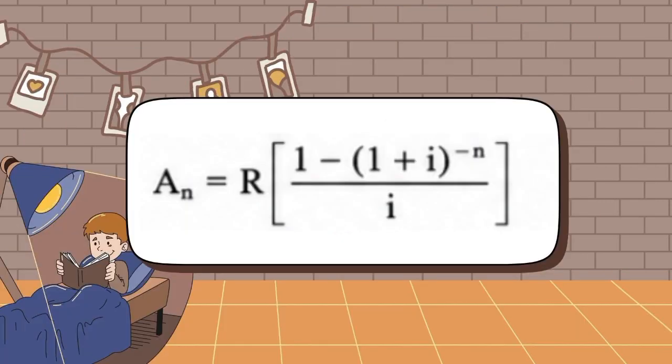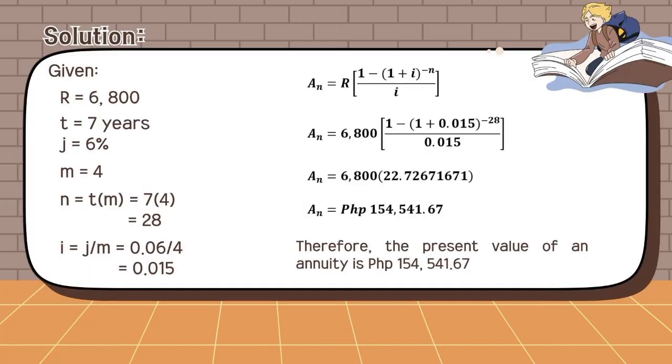A sub n is equal to R multiplied by 1 minus 1 plus i raised to negative n over i. And of course, we have here our given. We have the size of each annuity payment, which is 6,800 pesos.